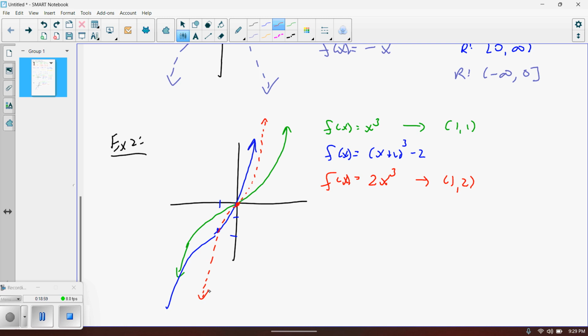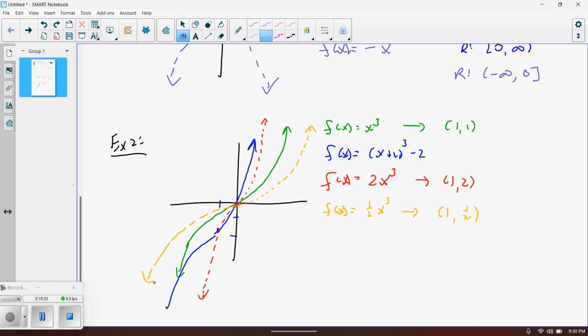If I wanted to shrink it vertically, I would have to multiply the x cubed by something in between 0 and 1. So for example, like a 1/2 x cubed. So now, if I were to plug in 1, what I would get out is 1/2. So when I'm at 1, now it would be 1/2. So really, it's going to look something like this.